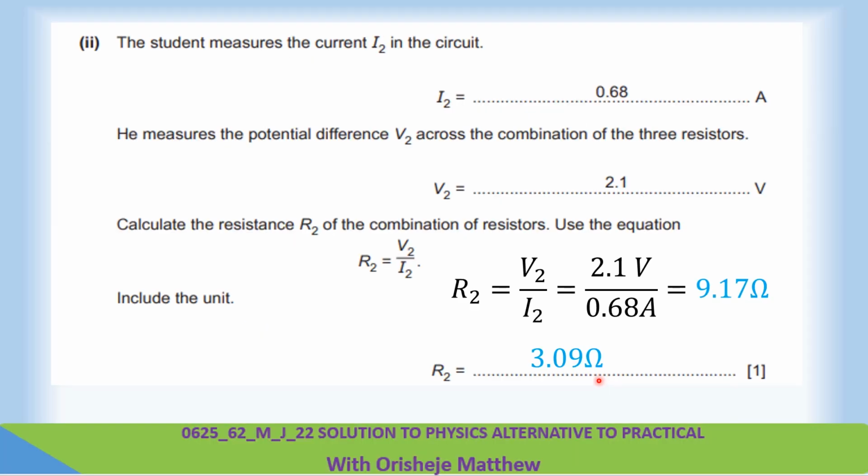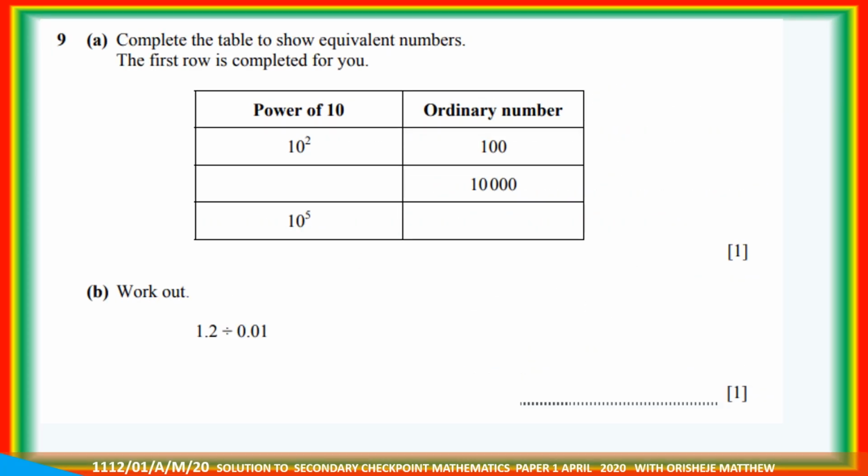So 10 raised to power 2 is the same thing as 10 times 10, which is 100. Then the next row, what will I raise 10 to get 10,000? So just look at it here. How many 10s are there? 1, 2, 3, 4. So that will give me 10 raised to power 4.